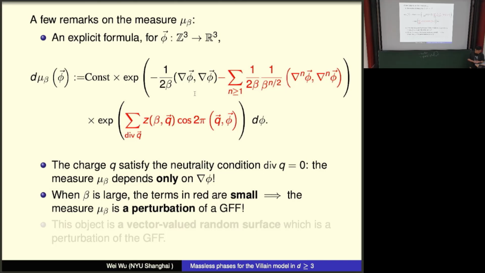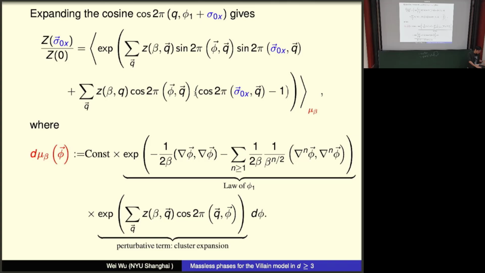Now we need to study this measure. This measure doesn't look too horrible, but then we have this complicated object that we need to evaluate under the measure. And so this gradient to the m, what does it mean? It's just application of gradient n times?